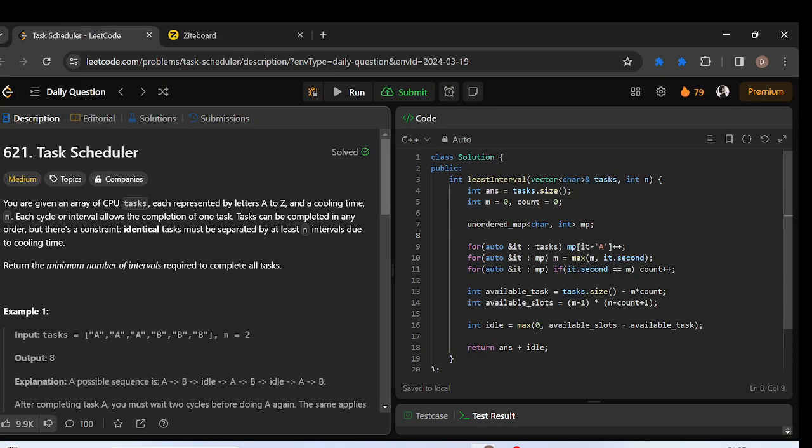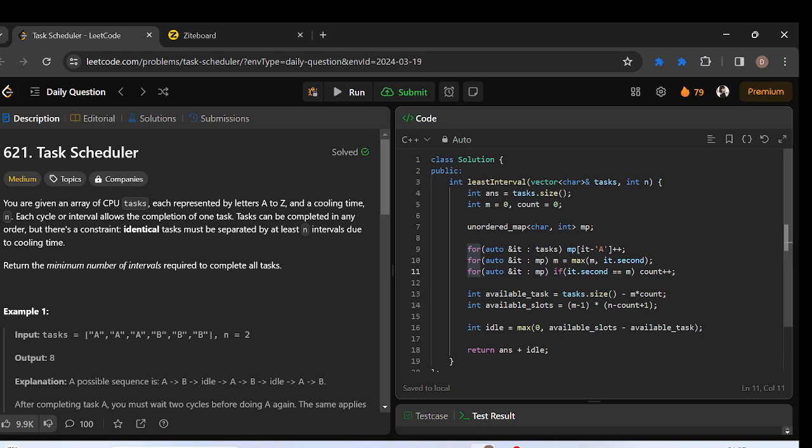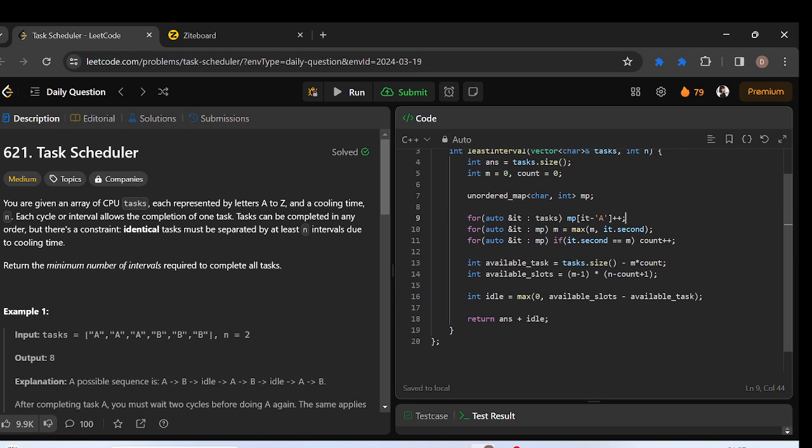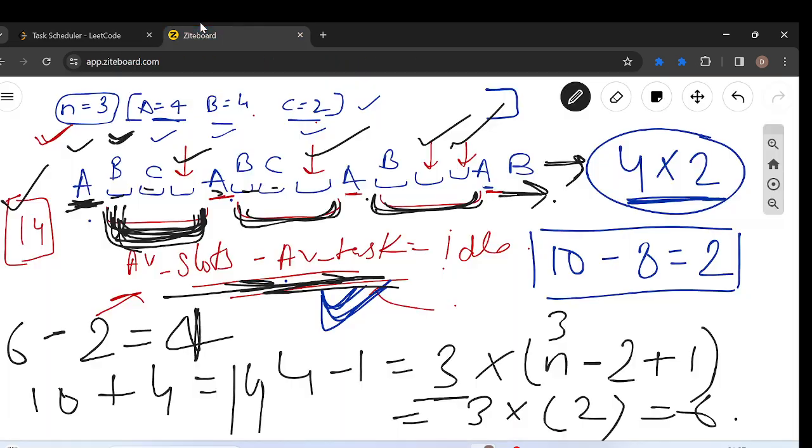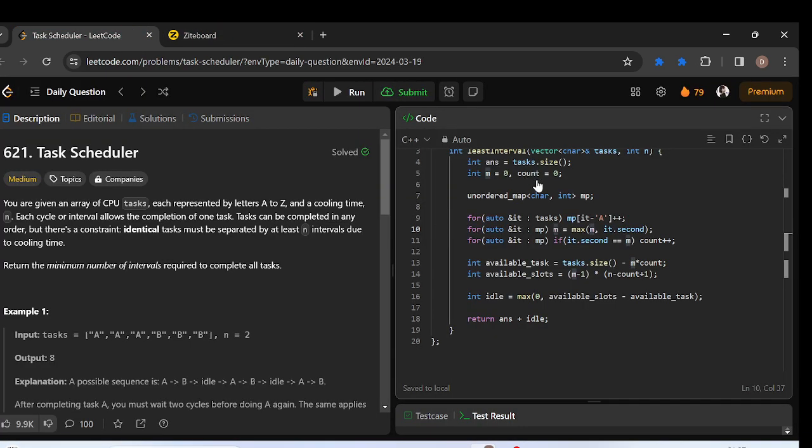So let's code. So here is our code. First we have made a map and stored the frequency in the map. After making the map, we have found the maximum element, the max frequency. Like here it was A, 4, and after this we have counted the number of times this maximum 4 is coming, count plus plus.